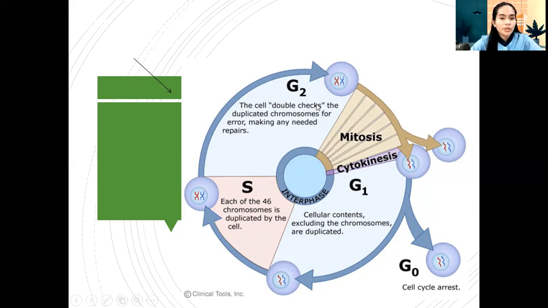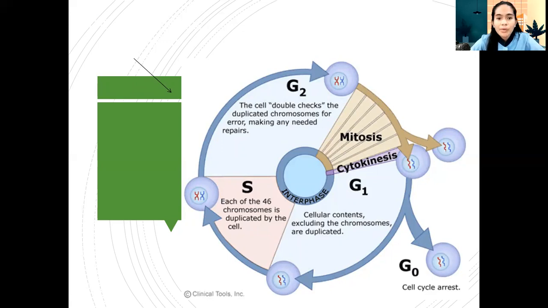So we move on to gap 2. In gap 2, the cell double checks. So it's not only the teacher who double checks, and not only you, but also the cell. The cell double checks the duplicated chromosomes for errors and makes any needed repair. Imagine if we were to skip gap 2, it means the cell does not double check the duplicated chromosomes. What happens? We will undergo mutation, or we will more likely develop mutation.